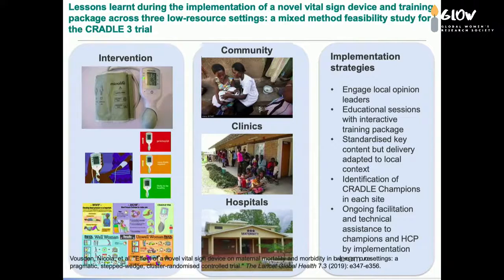It was funded by the MRC and Gates, and it was testing the Cradle Vital Sign device plus educational support in 8 low-income countries in all settings with all health workers, with the aim of reducing maternal mortality and morbidity. I've put the implementation strategies up there, and there's much more detail in the 2 papers that I've referenced. Next.